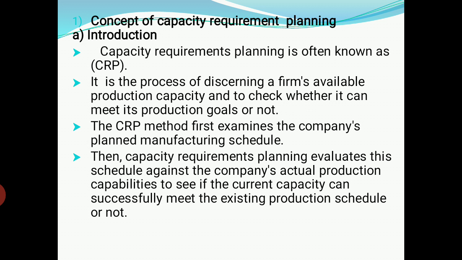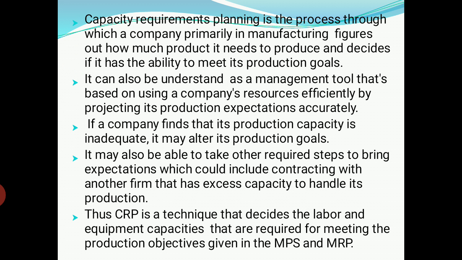Whatever the expected demand is, accordingly the company starts planning for producing the product. Before taking up the production in hand, it is very important to take up CRP, because it is such a process that evaluates the existing capacity, and it tries to see whether whatever manufacturing schedule has been drawn, we will actually be able to meet with the existing production capacity or not. And that is why it is a very important function of any manufacturing unit.